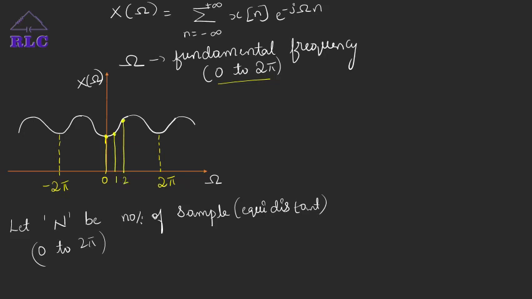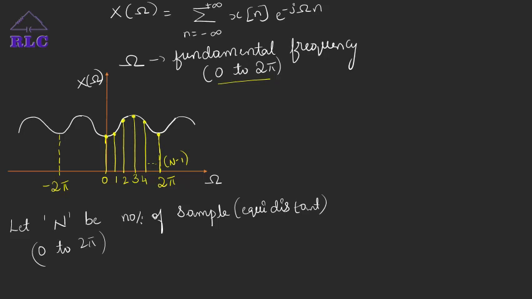Omega is equal to 2, omega is equal to 3, 4, and so on up to the last sample. In one fundamental frequency, the last sample value will be N minus 1. Starting from 0, I have sampled equidistant samples up to N minus 1.